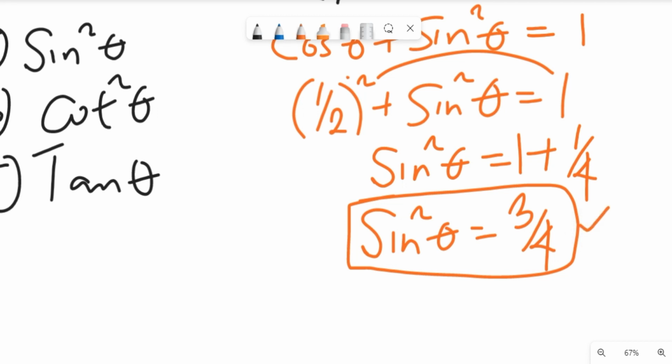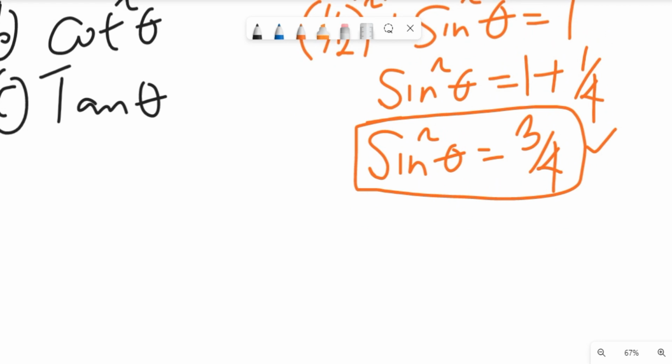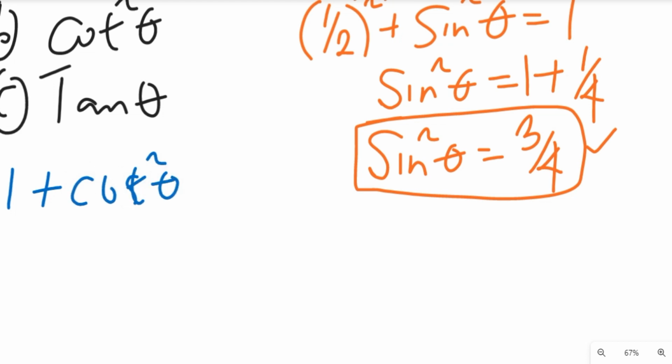The next value we are asked to look for is cot square theta. To find cot square theta, all we need to do is to apply the second formula. You see the importance of that formula. We'll have 1 plus cot square theta equal to cosec square theta.